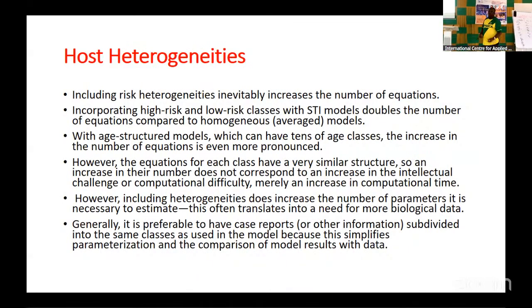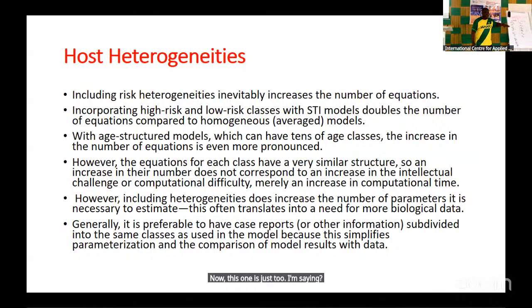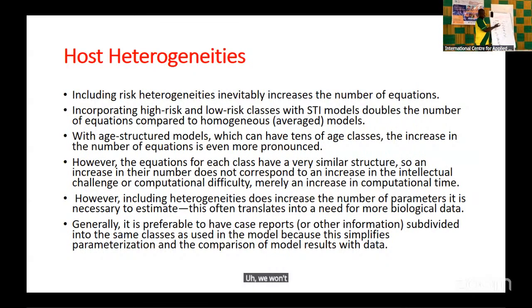This one is just 2: juvenile, maybe people below 5, we call them juvenile or infants, and then people above 5 years, adults. But it can go further than that, depending on what I want to look at.